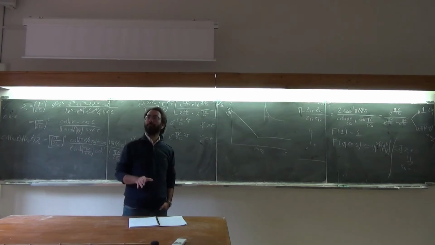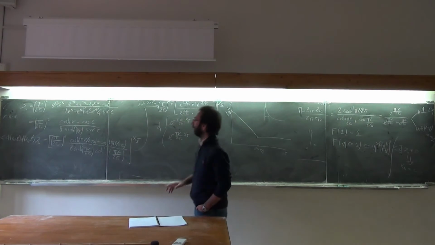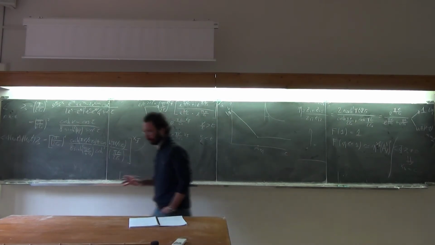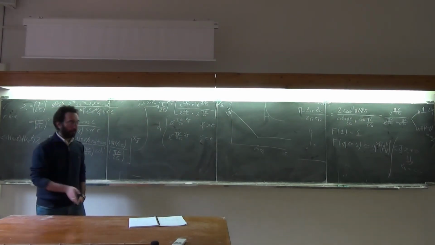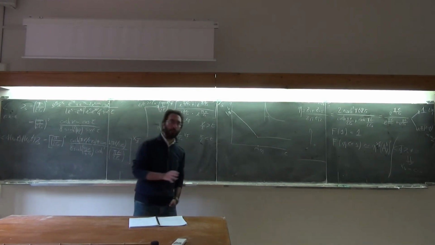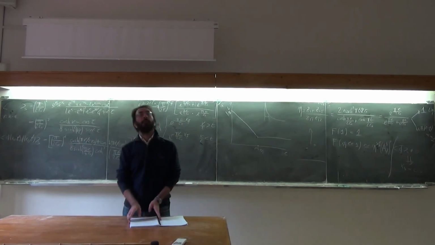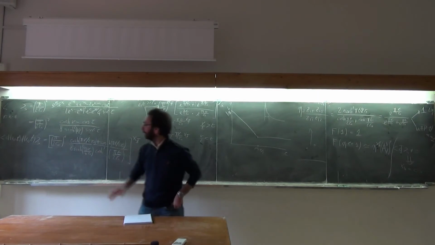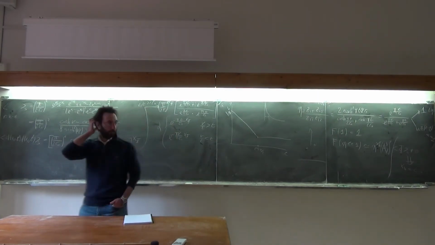Are there other questions? If not, we now have built everything that we need to calculate the case of most interest for this course, the entanglement entropy. So we want to calculate the entanglement entropy in this quench protocol.